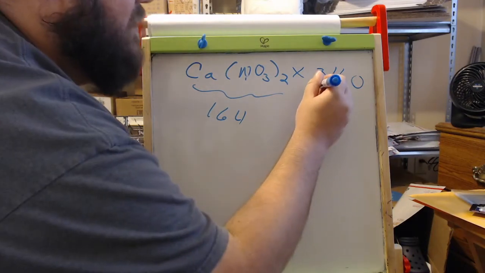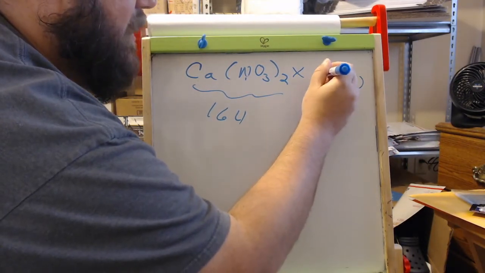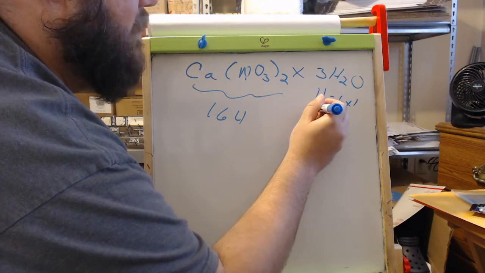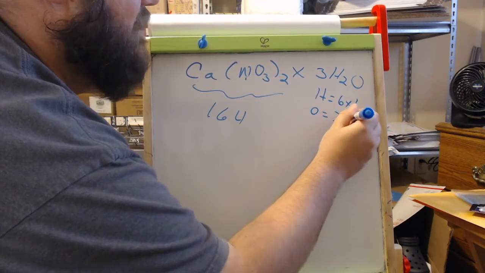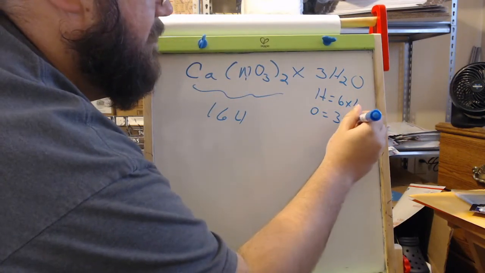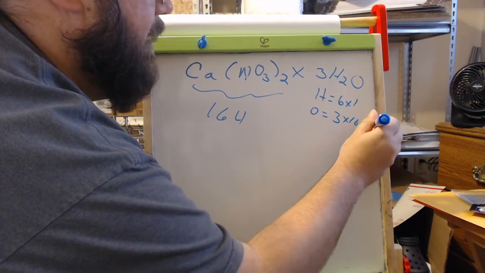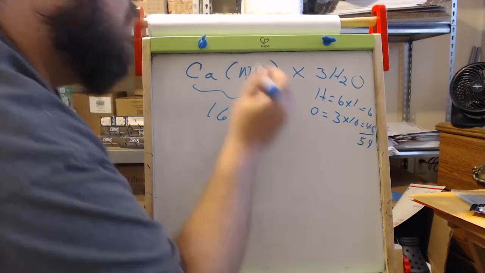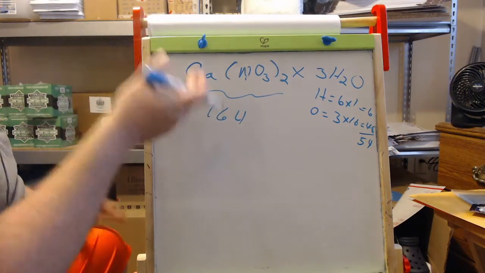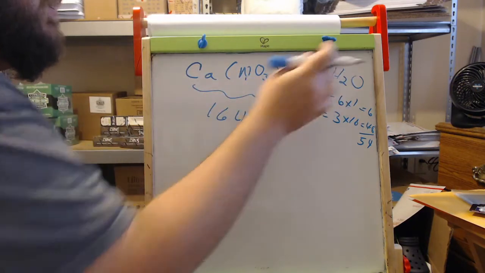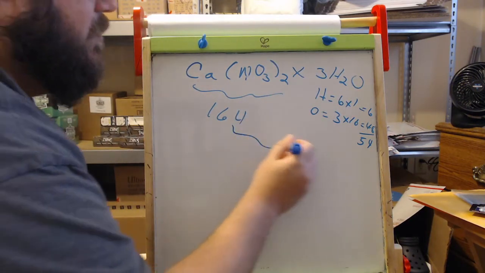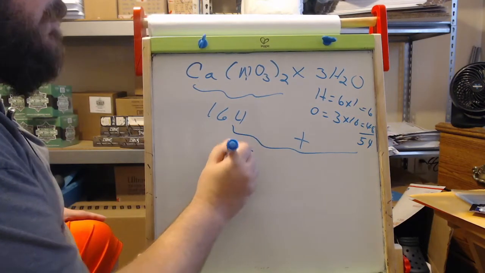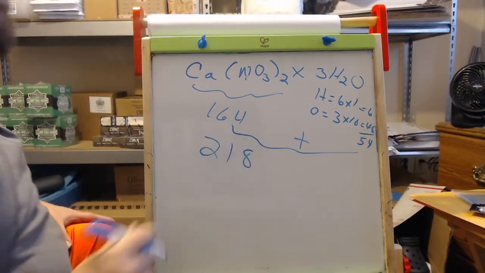I could break this down: the 3 out front gets distributed, so 6 times 1 for hydrogen roughly, and oxygen is 3 times 16, so I have 48 and 6, which is 54. The total mass of this, calcium nitrate trihydrate if it existed, would be to add these together, so 218.